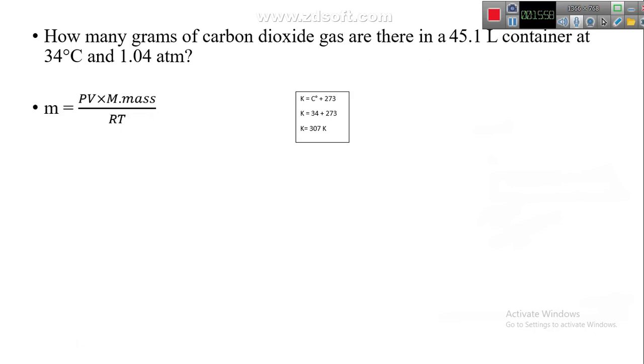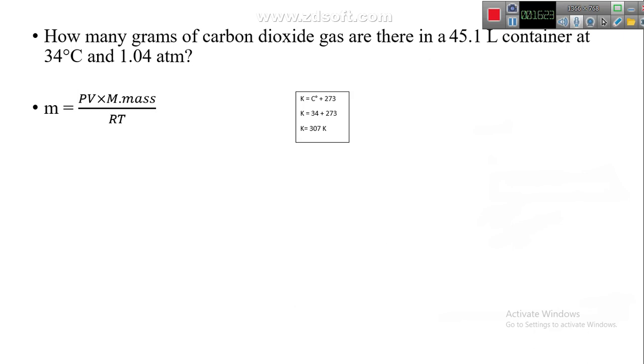Okay, what is needed? Grams. Grams means mass. Mass is equal to PV multiplying by the molar mass of carbon dioxide. I think you know how we find the molar mass of carbon dioxide, because we studied in the first course.